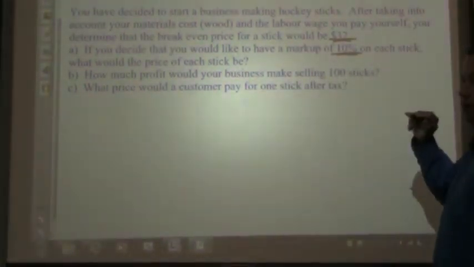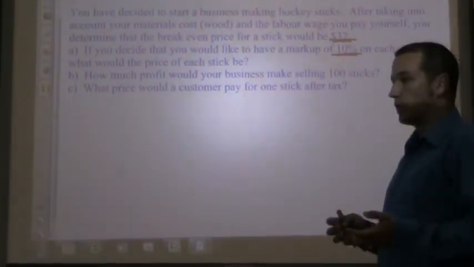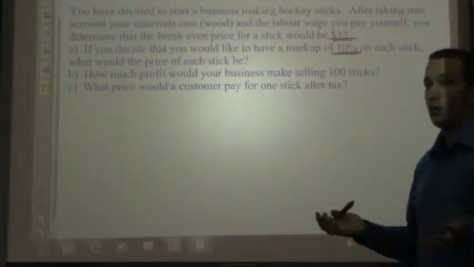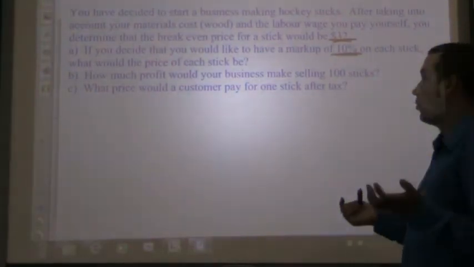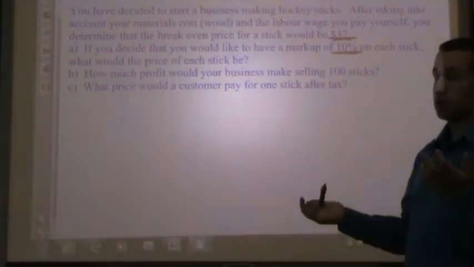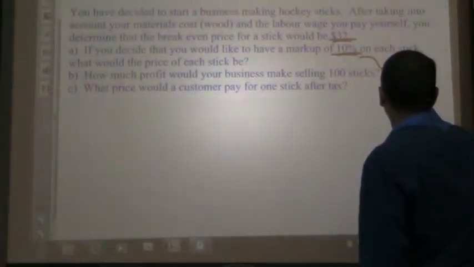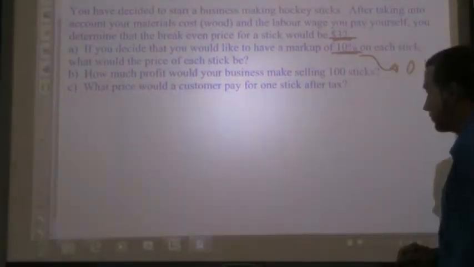Now, I'm going to do a review in class of decimals, because you have to understand how to go back and forth between percentage and decimal. But for now, I'll just go ahead and assume that we've already covered it, and you'll know what percentage is as a decimal. So for 10% as a decimal, that's going to be 0.10.